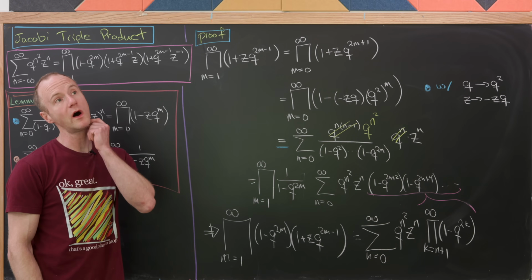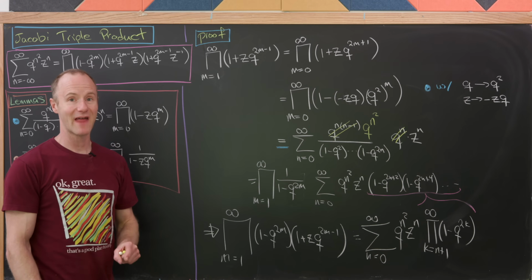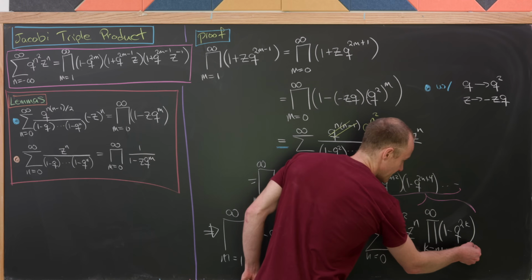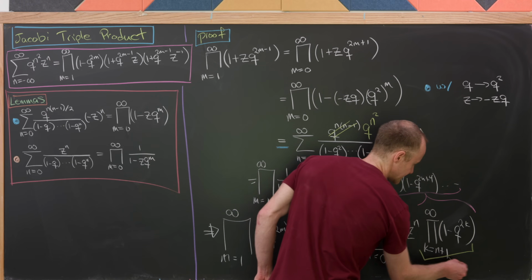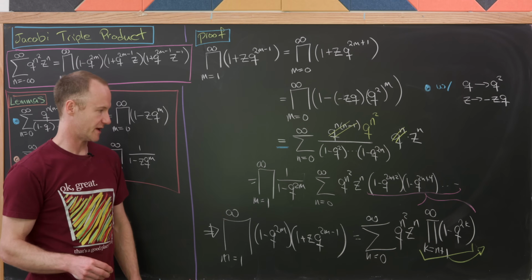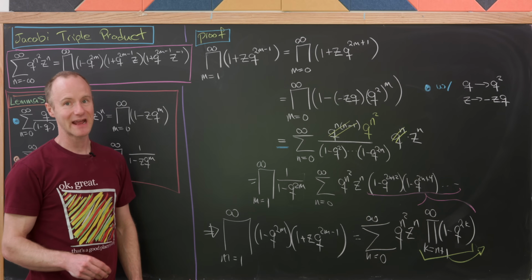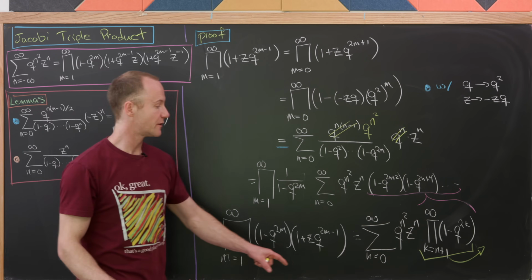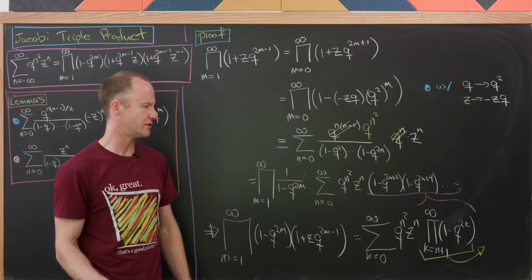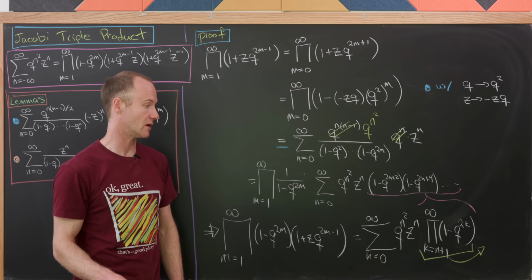Okay, so I'm going to do one more thing before we move on to the next step at the top of the next board, and that is to notice that if we take this product right here, which is at the tail end of our equation at the moment, and we think about what that would be with negative values of n. So if n is equal to -1, then we have k equals 0, but that gives us 1 minus q to the 0, which is 1 minus 1, or in other words, 0.